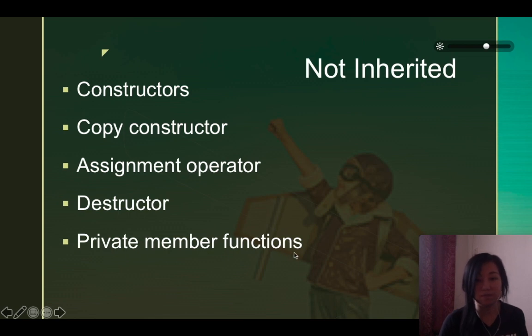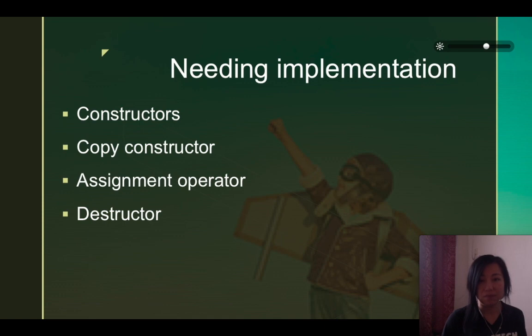Basically, you lost access to these private member functions. However, for the constructor, copy constructor, assignment operator, and destructor, as a good practice, you would definitely want to re-implement them, especially constructors, right?